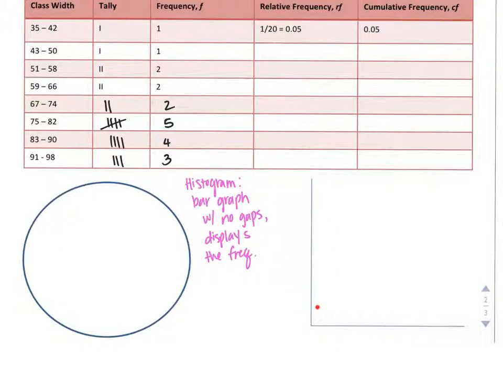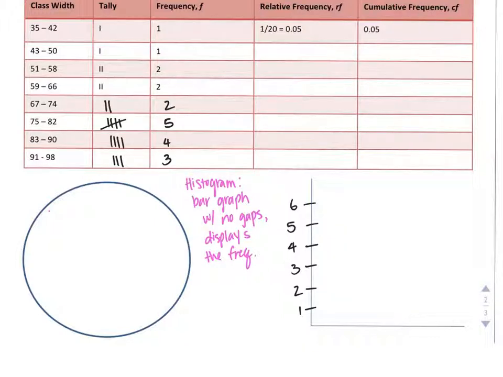Because this is like 1 through 5, I'm just going to make some tally marks here to represent all of them. I think I'll go up to 6 just so I have a little extra room at the top. You don't have to, you can go all the way up to just 5, but I like to go to 6, or like 1 number extra.